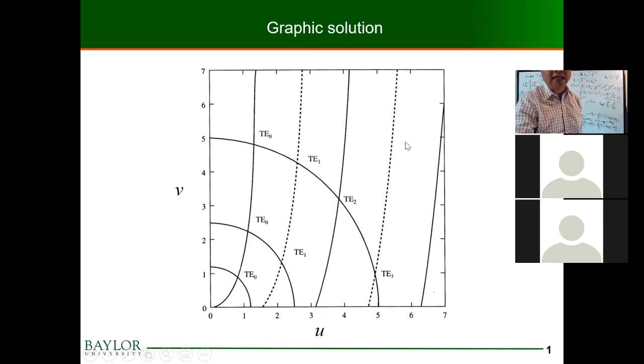This dashed line is the anti-symmetric solution. This quarter circle is U square plus V square equals capital V square.